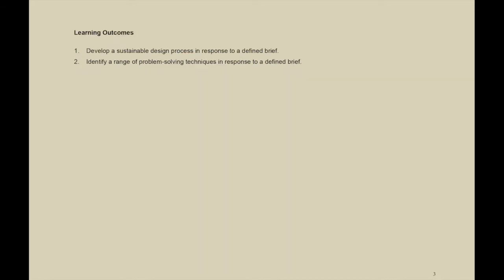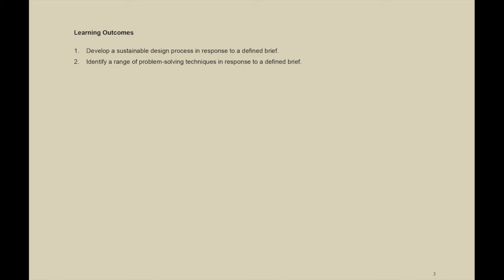Let's take a look at your learning outcomes. Learning outcome 1, develop a sustained design process in response to a defined brief. Learning outcome 2, identify a range of problem-solving techniques in response to a defined brief. So if we take a look at these learning outcomes and pull them apart a little bit, the first one is really looking at sustainable design process. So to understand circular design, it's important you understand sustainable design.